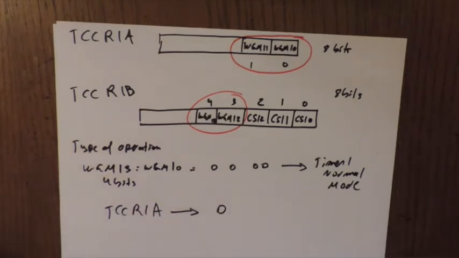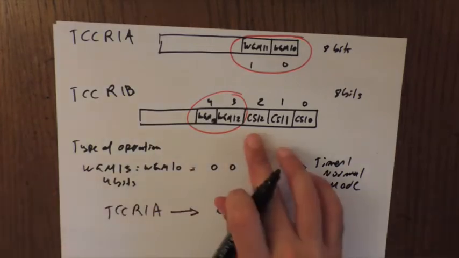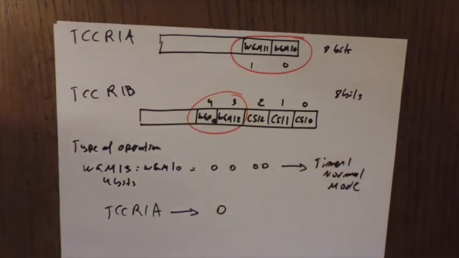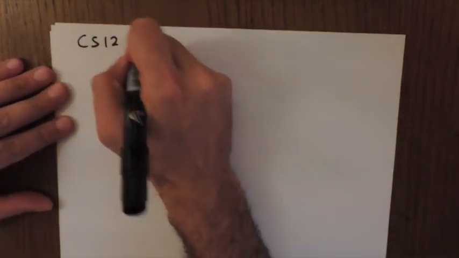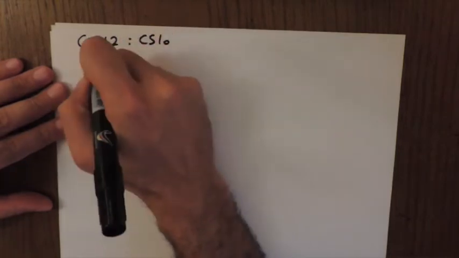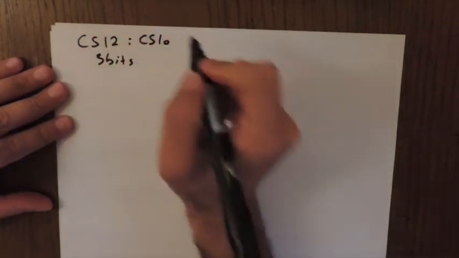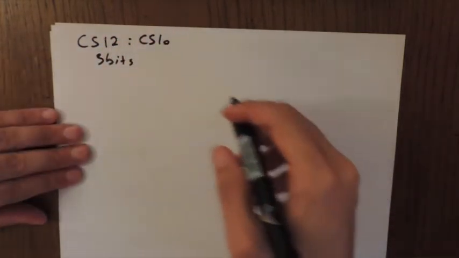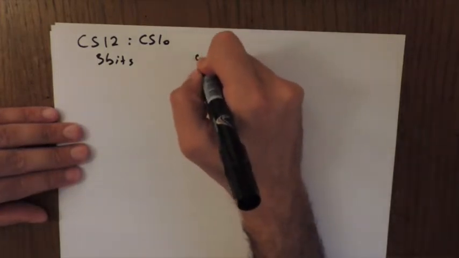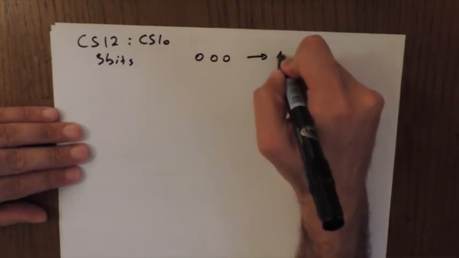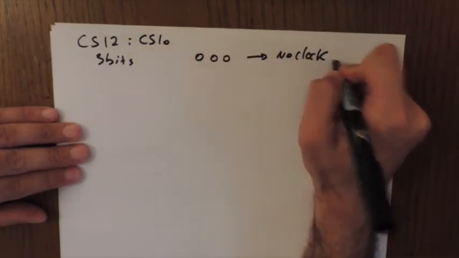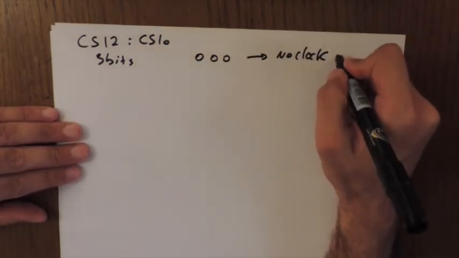Now, what about CS10 to CS12? We're going to discuss CS12 to CS10 now. They are 3 bits. If I have them as 000, this means we have no clock and we stop the timer.